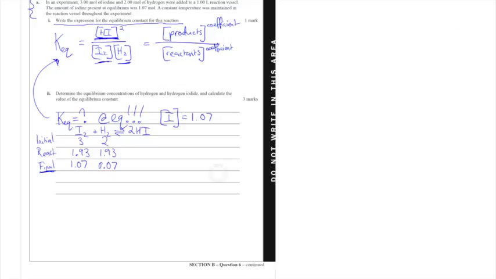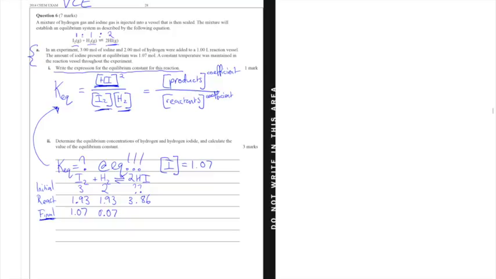Now, some students might just sort of instinctively write down 1.93 here. Unfortunately, that isn't the case because of this coefficient of 2 out the front. That means I have to put in double the quantity. And if we multiply that 1.93 by 2, we get 3.86 moles. But what was our initial amount? Now, you could take a guess and assume that it's 0, but it's a good idea to actually read through the question and ensure that was the case.